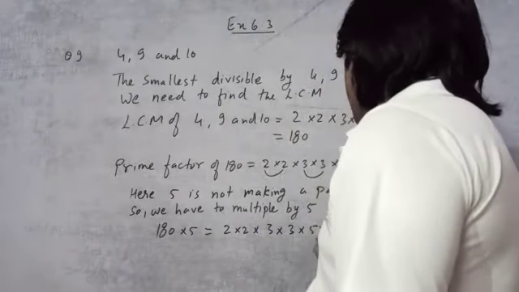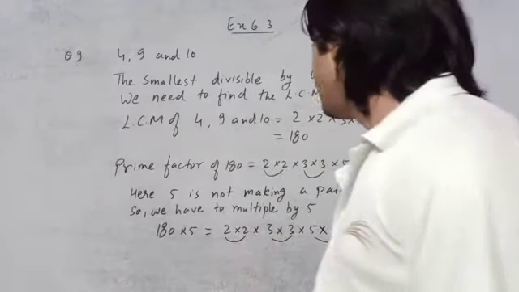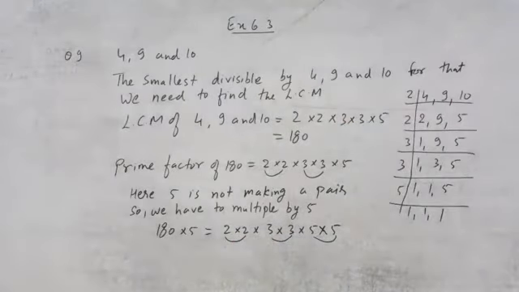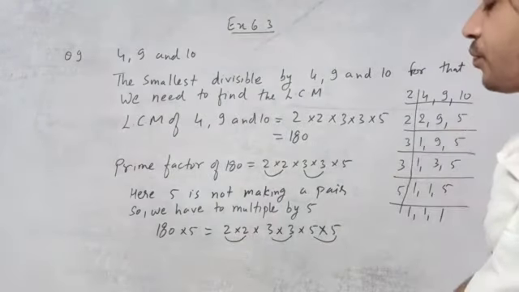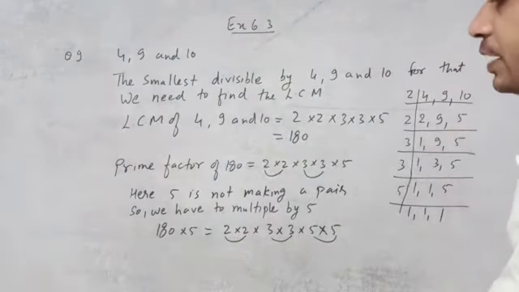Now we can see it is making a pair. When we multiply, 180 into 5 comes to 900.